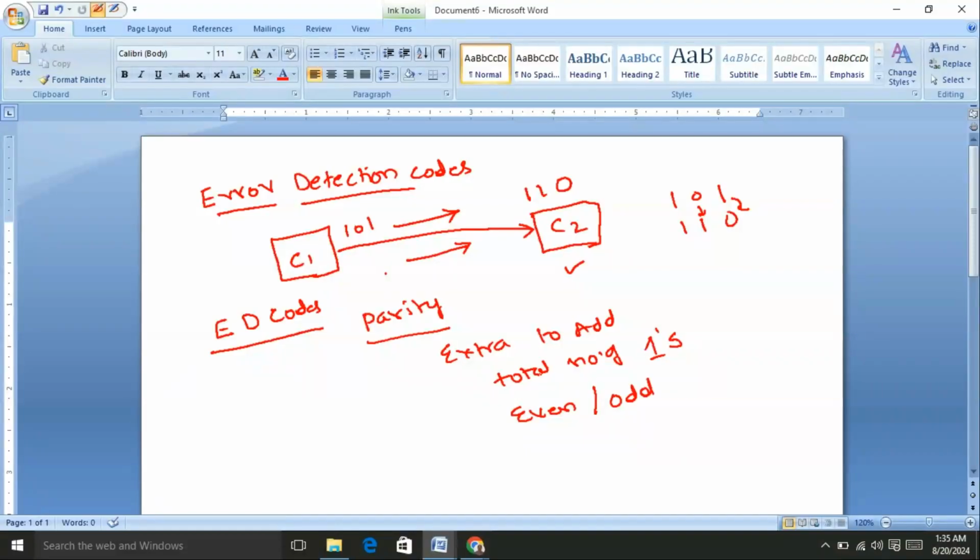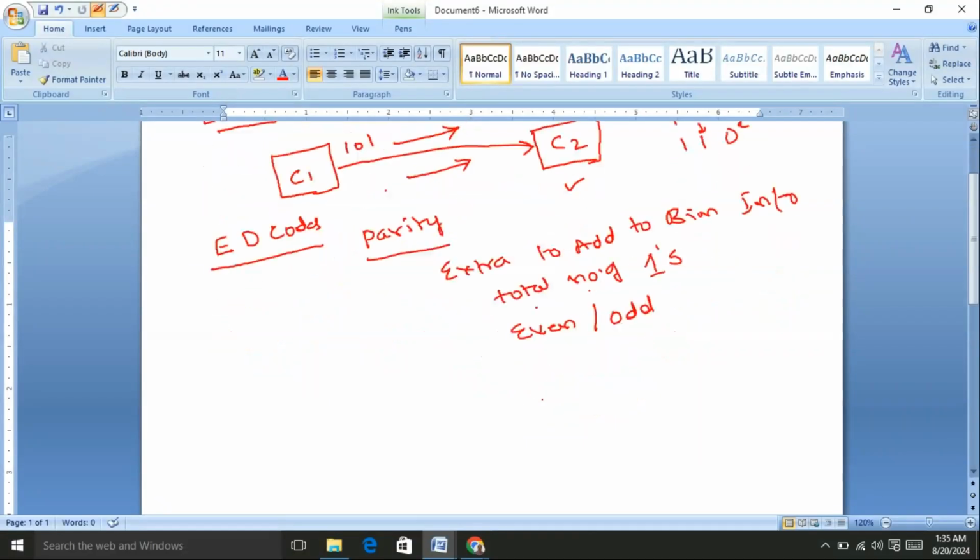Remember carefully, hence the parity is divided into two types: the even parity and the odd parity.